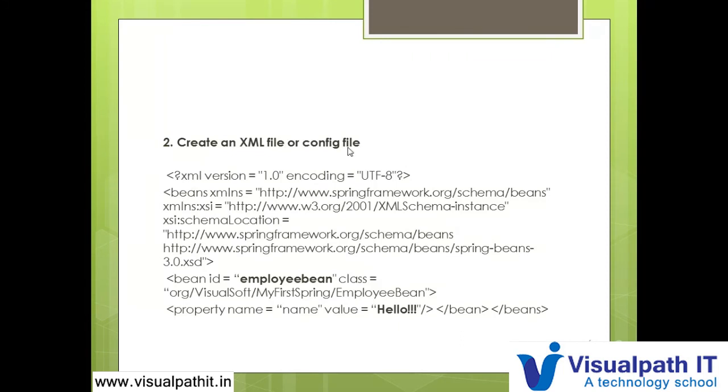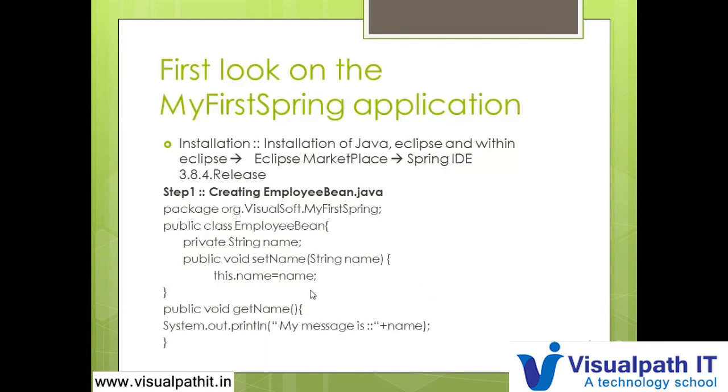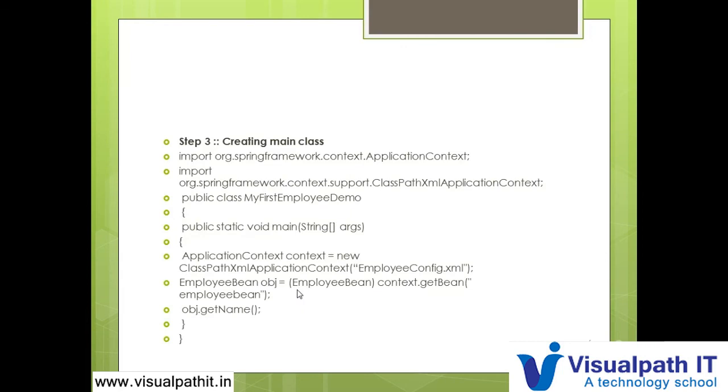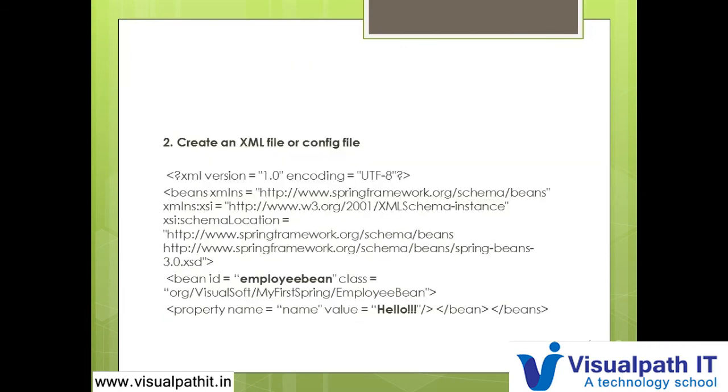So next is creation of the XML file or config file. The configuration file or XML file is very important as part of the Spring framework, because we are doing most of the things, references, everything in this XML file itself. First we'll have the XML version and the namespaces, below which we have the bean ID, which is very important, that is employeeBean, the name of the employee bean that we are accessing, and the class path of the employee bean that we have used here, from which it will fetch the actual variable.